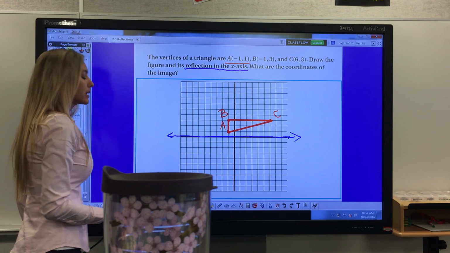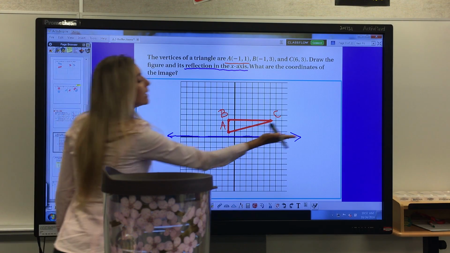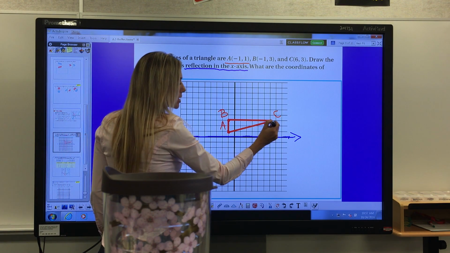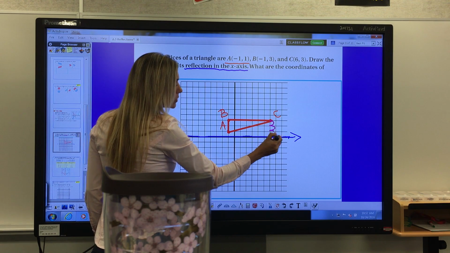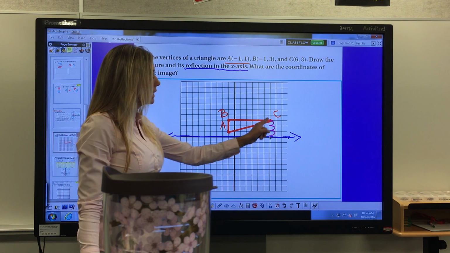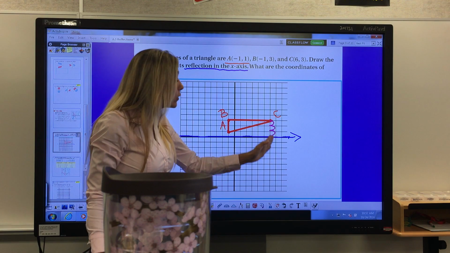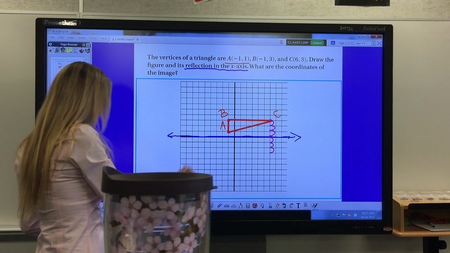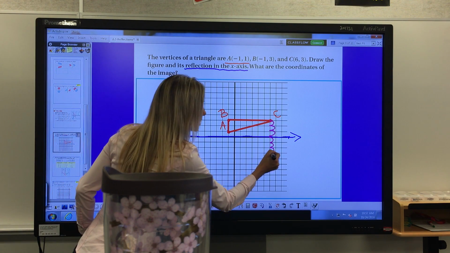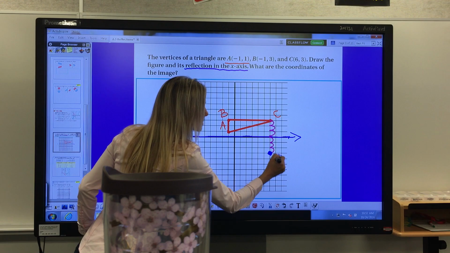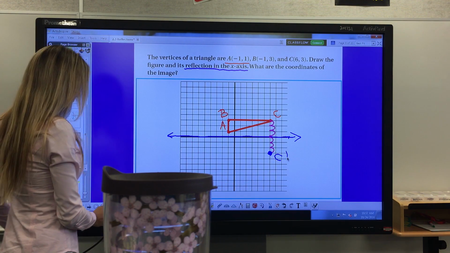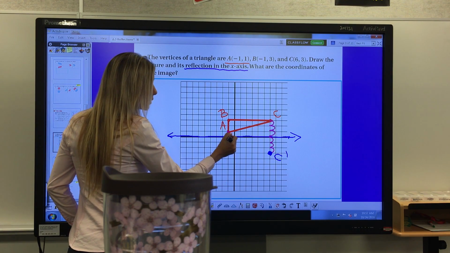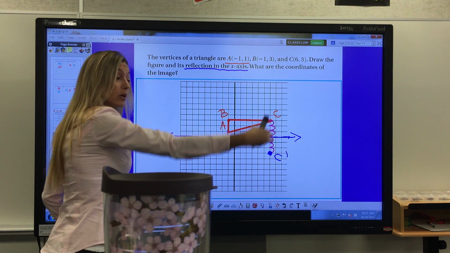And I'm supposed to reflect it over the x-axis. So this is the mirror. Point C is how many units away from the mirror? If I kind of do half clouds, that's what I like to do. If I have 3 of them in here, I know I will see them on the other side of the mirror, right? And after, there's going to be the point C. So this is C prime. Point A is 1 unit away, so it will see itself 1 unit away in a mirror, correct?